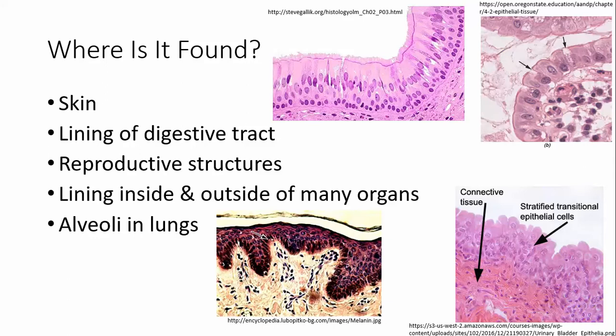So where do we find it? A number of places. For example, this bottom image, this is skin. This down here is connective tissue. And the purple layer, that's epithelial tissue. Multiple layers of epithelial tissue. Then you will find it in the linings of some organs that will help create boundaries.